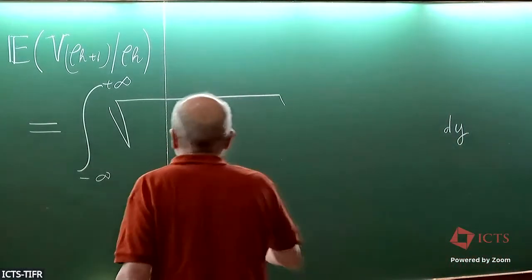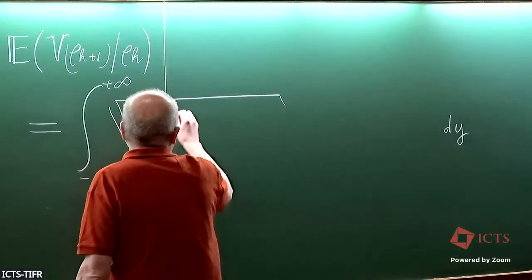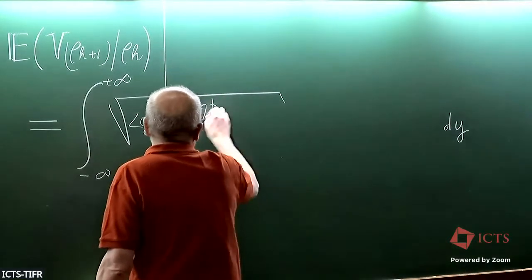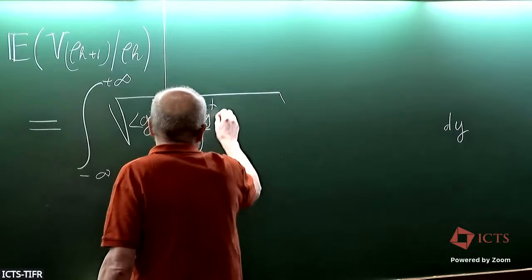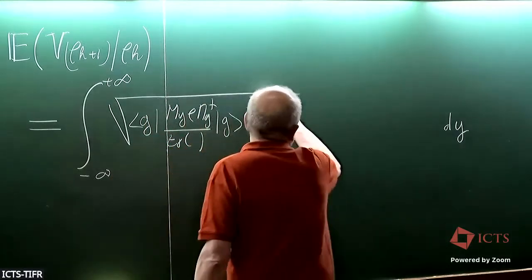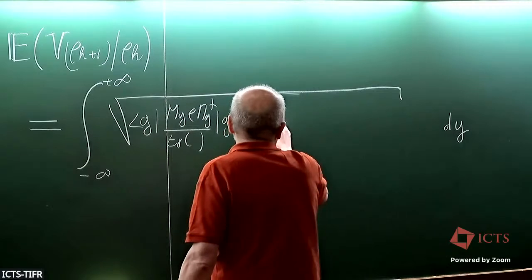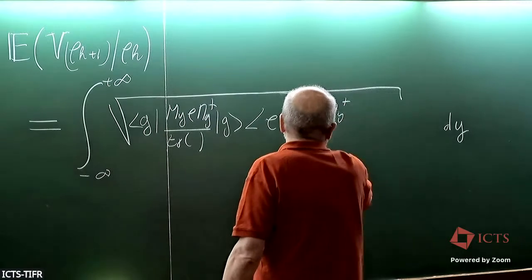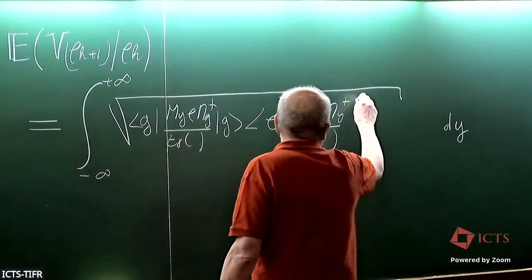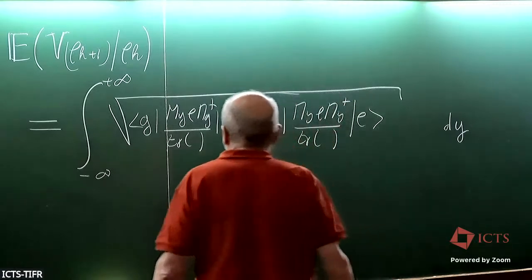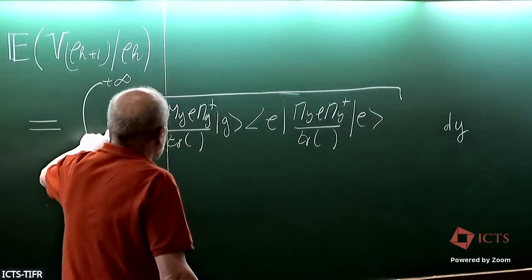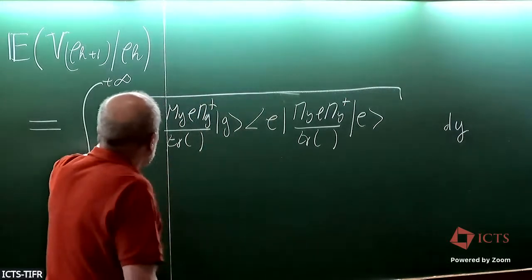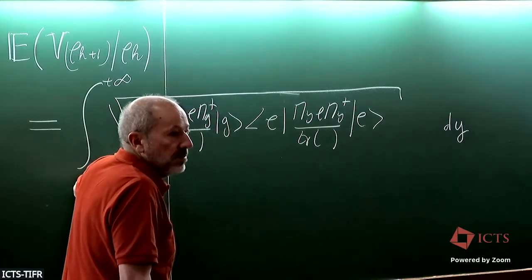And for the dy, I have to use this formula. So I have G M_y rho M_y dagger over the trace, here I have E M_y rho M_y dagger over the trace. Okay, and this is the value, so I have to multiply by the probability.